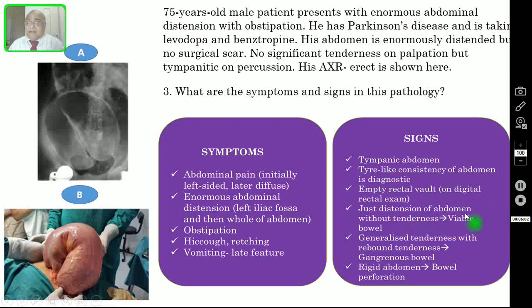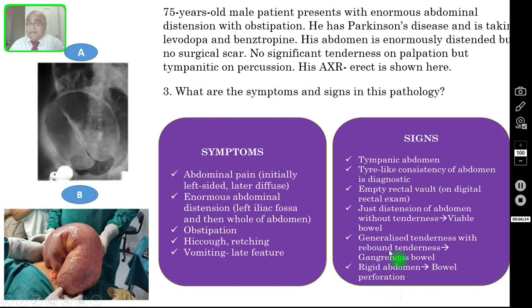Just distension of abdomen without tenderness means still the underlying bowel is viable. If apart from distension, the patient is also having generalized tenderness with rebound tenderness, the underlying bowel is already gangrenous. So apart from generalized tenderness, distension and rebound tenderness, if the abdomen is also having rigidity, that is board-like rigidity, that means the bowel is already perforated.